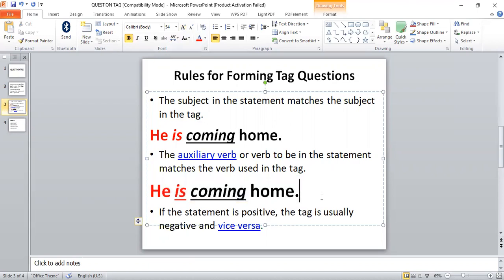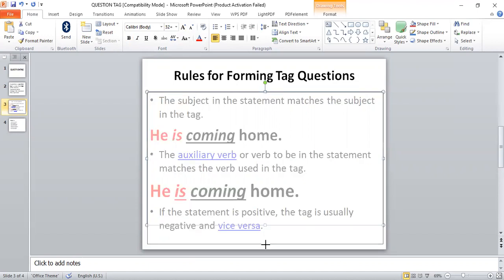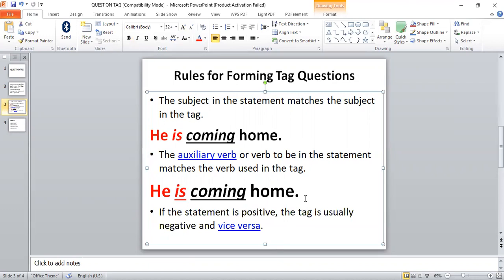So if I am going to form my question tag, I must consider my auxiliary verb and not my main verb. Remember, the first rule stated that you use your subject as used in the expression in the tag.